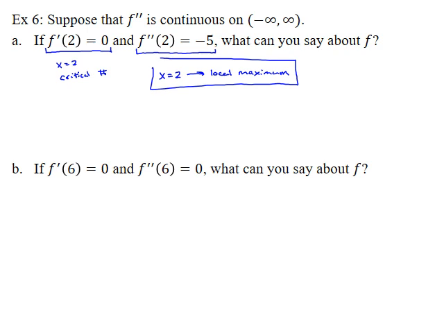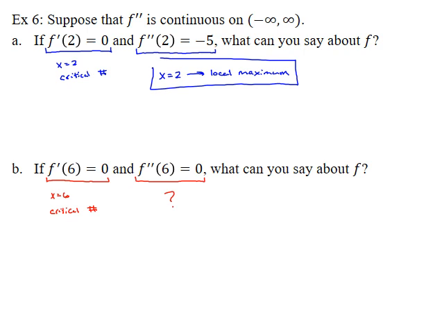But what if I change it up a little bit? Be careful on part B. If the first derivative at 6 is 0 and the second derivative at 6 is 0, what can you say about the original function? Well, once again, f prime of 6 being 0 tells me that x equals 6 is a critical number. But unfortunately, when I plugged 6 into the second derivative, it also gave me 0.